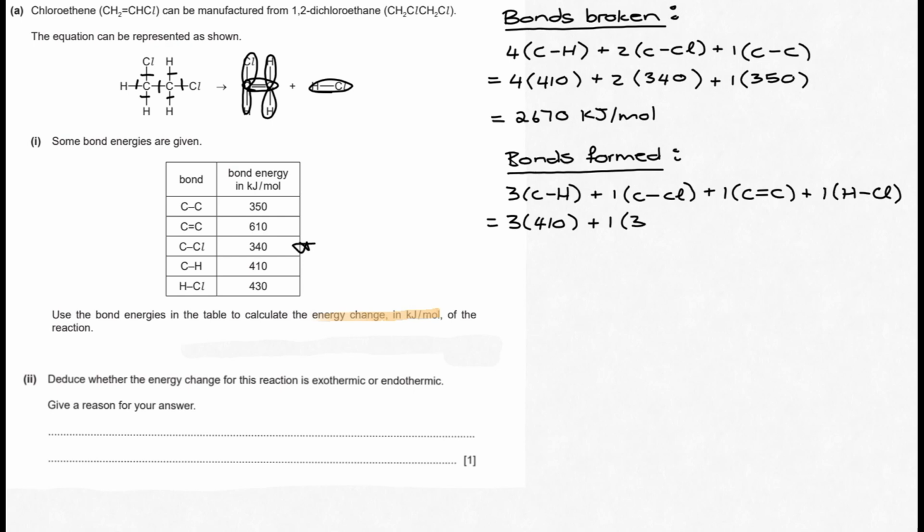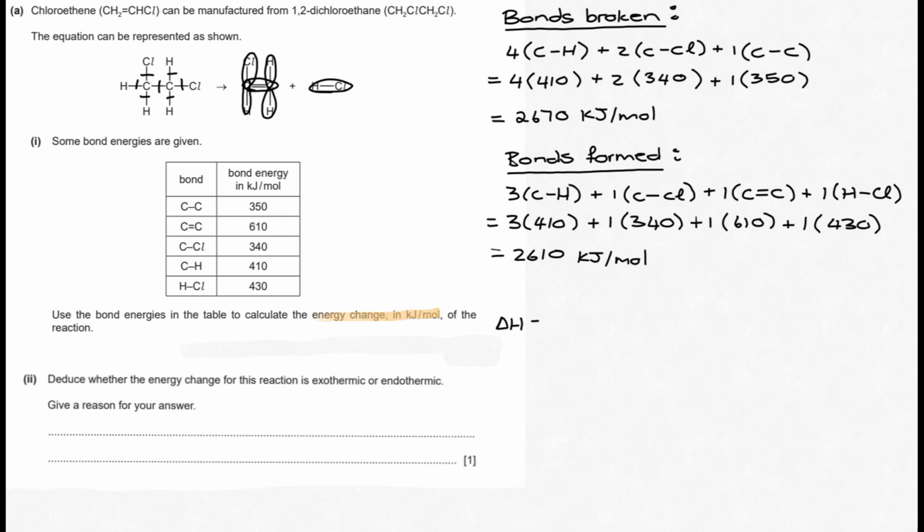My carbon-chlorine bond has a value of 340 kilojoules per mole. My carbon-carbon double bond has a value of 610 kilojoules per mole. And my hydrogen-chlorine bond has a value of 430 kilojoules per mole. So when I add all of this together, I get a total of 2,610 kilojoules per mole.